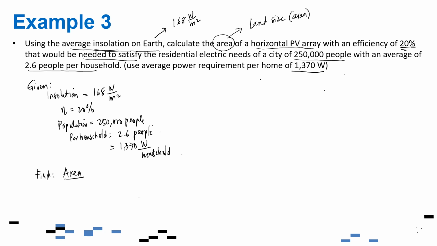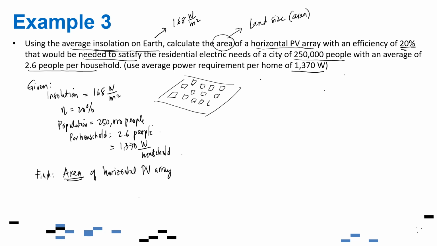The area of the horizontal PV array. In this case, what we are looking for is basically an area where we have a lot of solar PV panels. We have to calculate this area here.